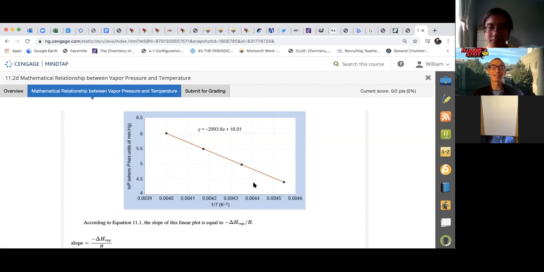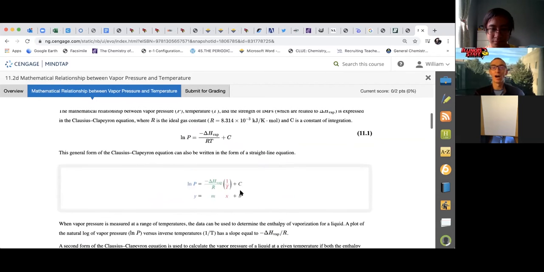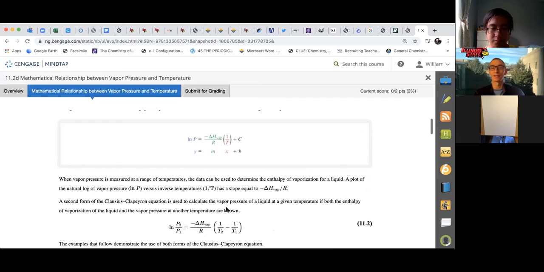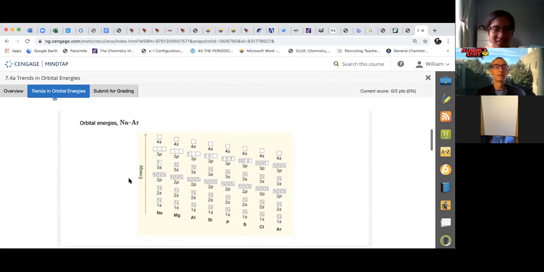And in this case, I was able to at least relate it back to the form of a straight line equation and understand that one of the axes was the natural logarithm of the pressure, one of the axes was the inverse of the temperature, and so the straight line is the slope that comes out of this. So in answer to your question, that was how I approached it.